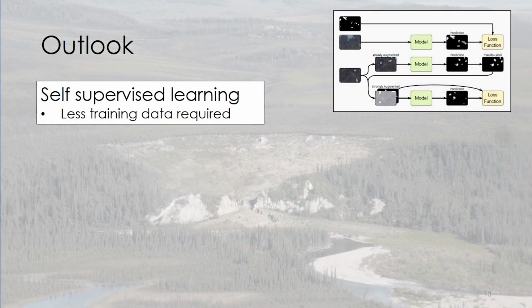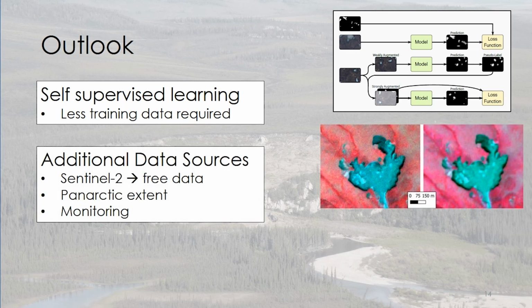Now I want to give you a little outlook on what we are working on. We're working on self-supervised learning, an approach that works with a very limited set of training labels, so it learns on its own to improve without specifically designated training labels. Then we want to use additional data sources like Sentinel-2. For example, we see here on the left Planet and on the right-hand side Sentinel-2.